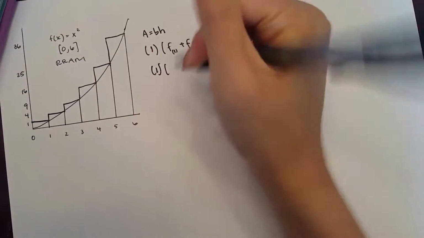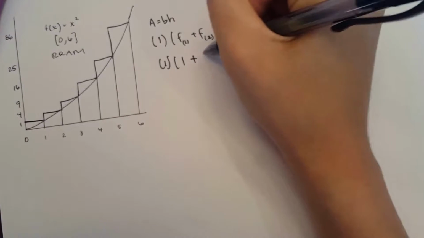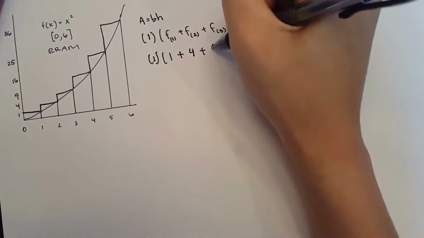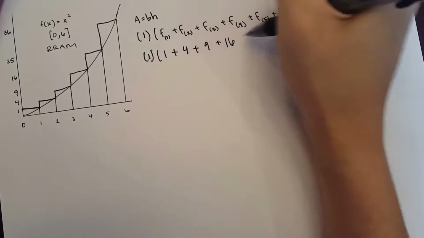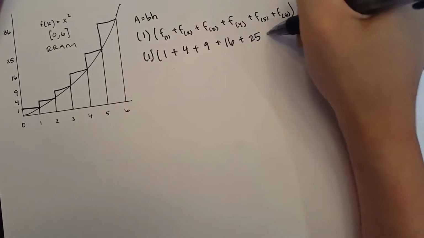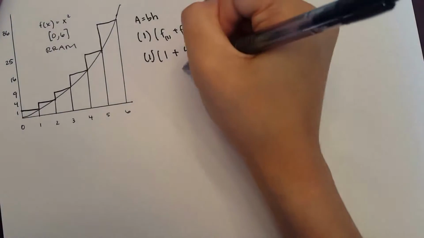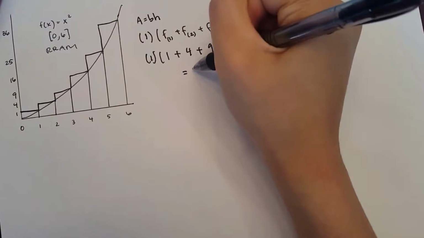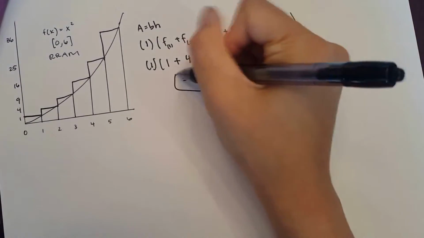And so from the graph you can see that f of 1 is 1, f of 2 is 4, then 9, 16, 25, and 36. And when you plug all of this into your calculator, you will get an answer of 91.